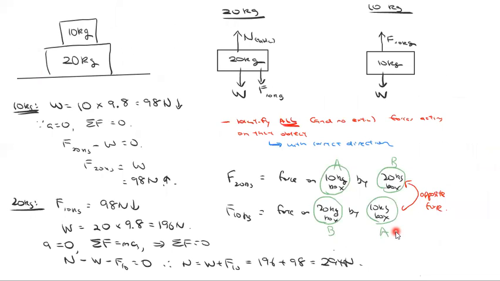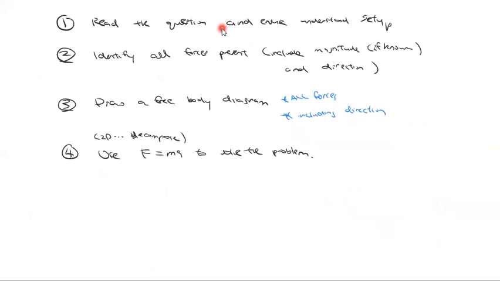Questions can and do get more involved as time goes on, but you now just need to follow and practice the steps we're talking about here. Make sure you read the question and understand what it's talking about. Very fundamental and basic, but you'd be surprised how many people don't do that. Identify all the forces that you need to consider. Right now, we're focusing on weight and normal, but that will expand.